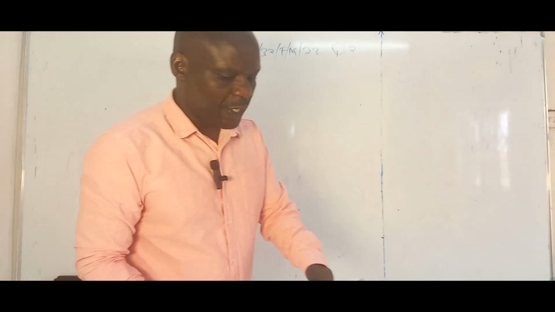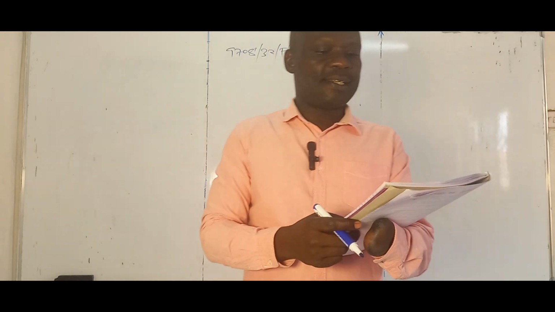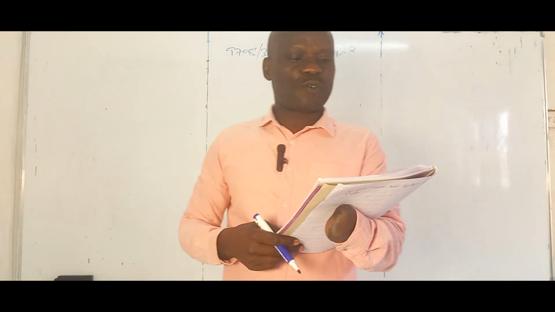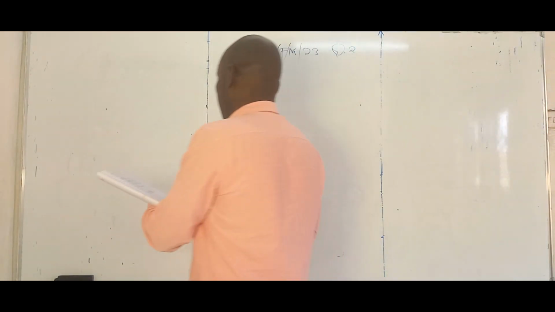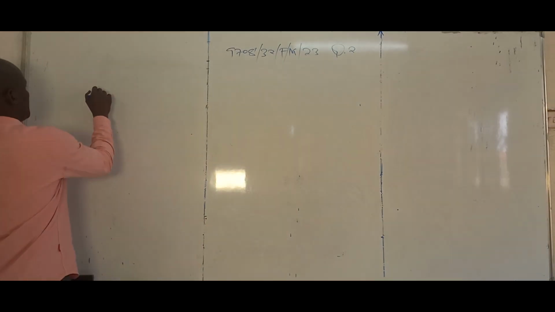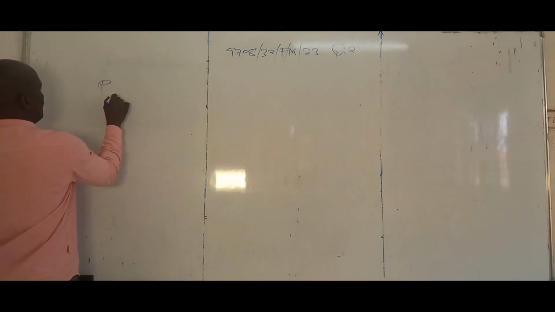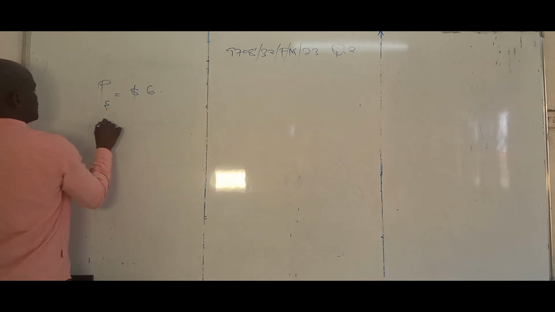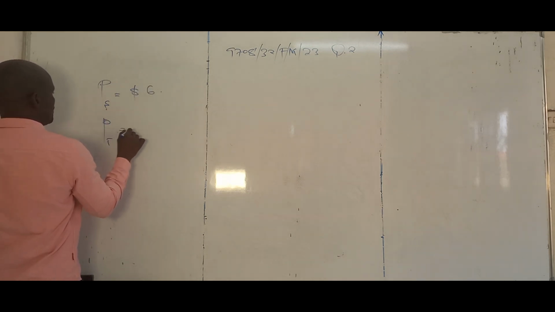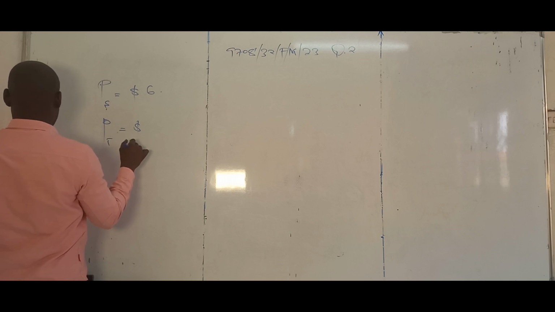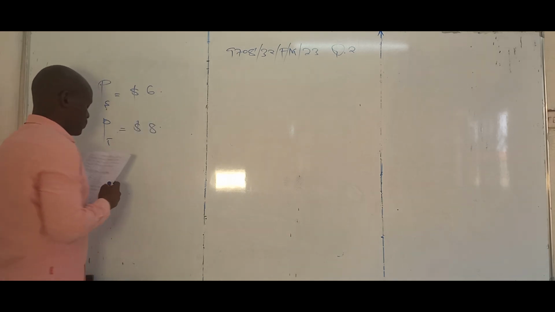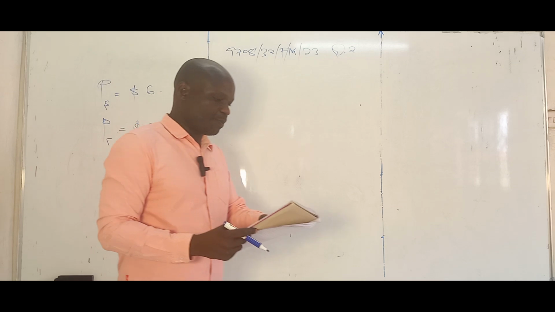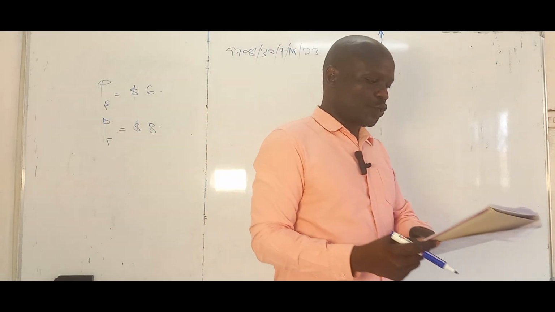So the price of good S is $6 and the price of good T is $8. So price of S is 6, price of T is 8. A consumer's marginal utility for each good is shown.